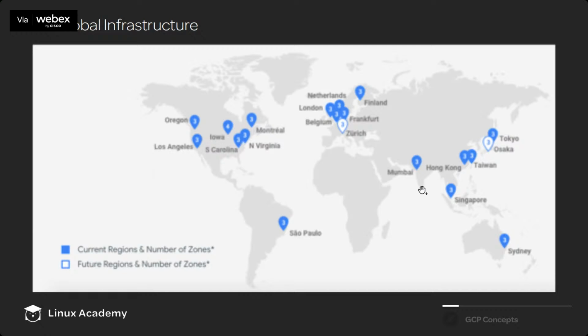I'm sure Google is present in more places in India also. I think they have a data center in Hyderabad also. But just take a look at this picture as a representation of the global outreach of these large platform providers. Right from Asia Pacific to the Middle East to Europe to the US, North as well as South America, these platforms are prevalent all over the place.